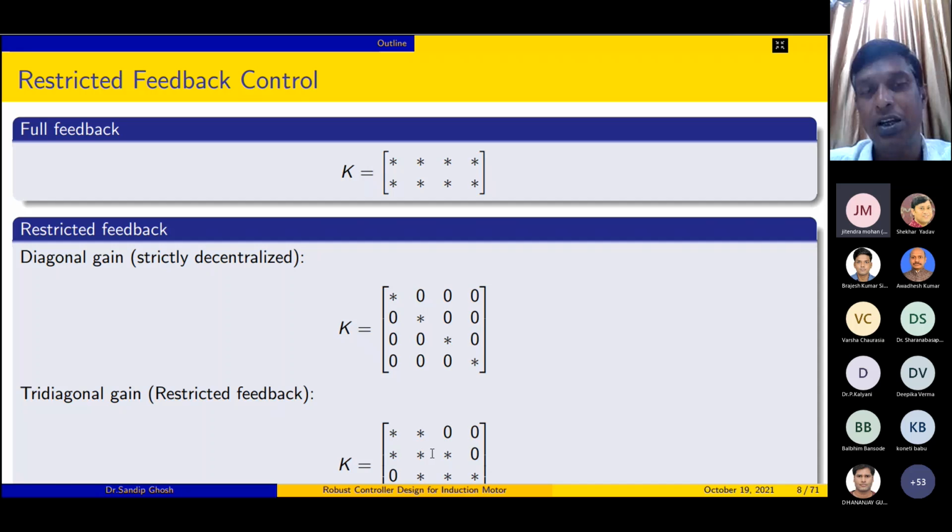And obviously, we'll discuss for this induction motor application, not only the static output feedback, but also this structural restriction, or when structural restriction has been added to the controller gain, that these gains should be kept at 0 value. So that thing we'll also discuss.